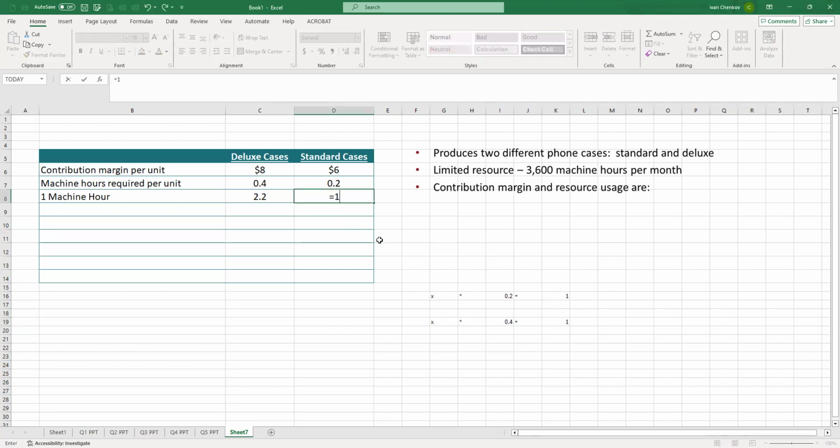That will be equal 1 hour divided by 0.2. 0.2 here is going to give you 5. And here will be equal to 1 divided by 0.4, which is going to give you 2.5 units. So how much is the contribution margin per hour now?